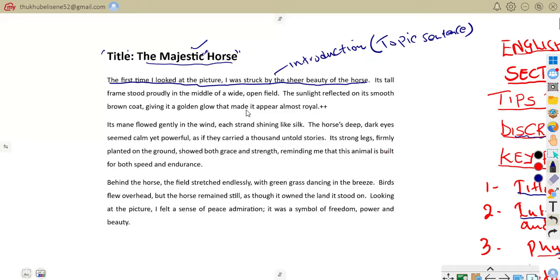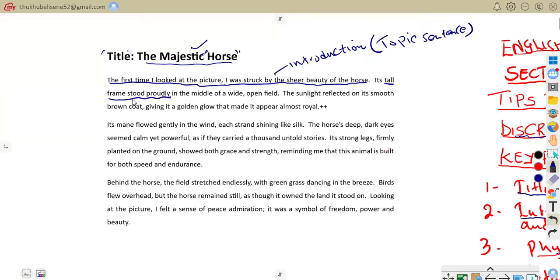So this is how we introduce our picture and set the tone. Again, another key point in a descriptive essay is the physical description, where you talk about color, size, shape, texture, appearance. As you are told, this horse has a tall frame. Its tall frame stood proudly.